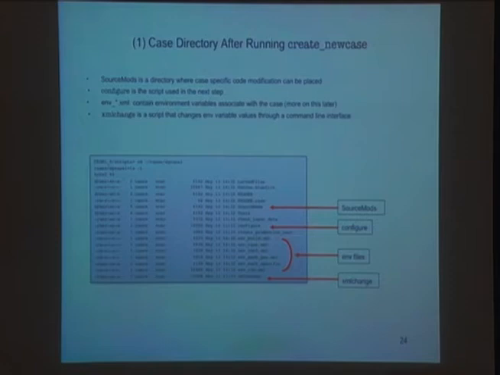There's a bunch of files that start with env and end in .xml, and I'm going to talk about them in just a second, and a script at the bottom called XML change. These files are XML files, and in them are variables that come with nice default values, but you can change them to alter how the run, what your simulation is.